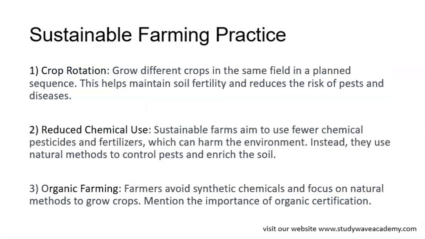Then we have sustainable farm practices, where we have crop rotation, growing different crops in the same field. It will maintain the soil fertility and reduce the risk of pests and diseases. Also, reduce chemical use, and depend on natural control instead of always using chemicals on your farm.